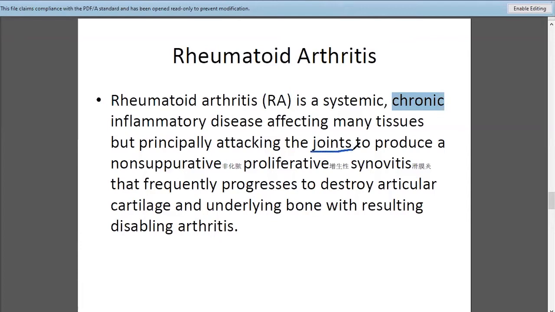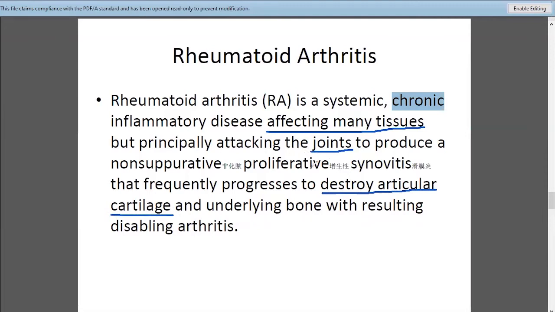That's why we call it arthritis. But it is still possible to affect other tissues, not only the joints, mainly. And locally, we talk about swelling and pain, sometimes causing deformity of the joints, because they damage things like the joint cartilage.